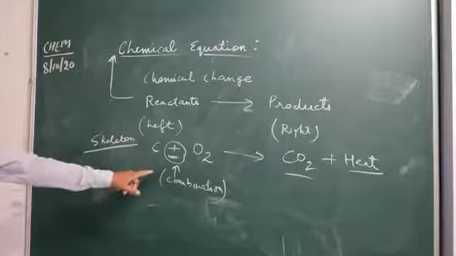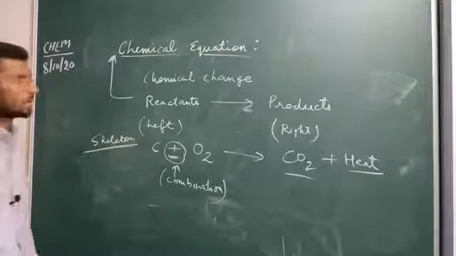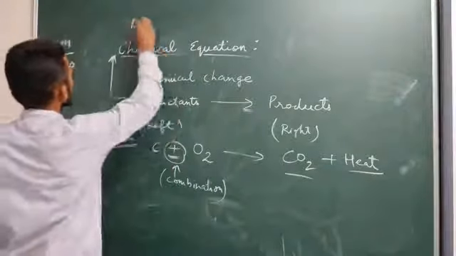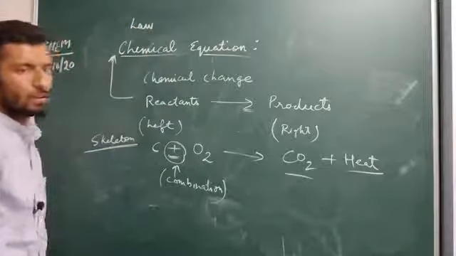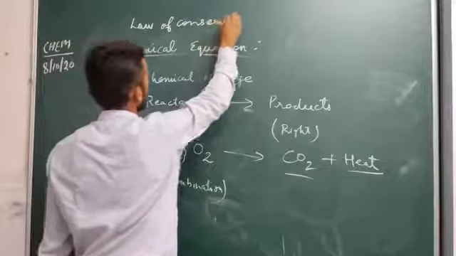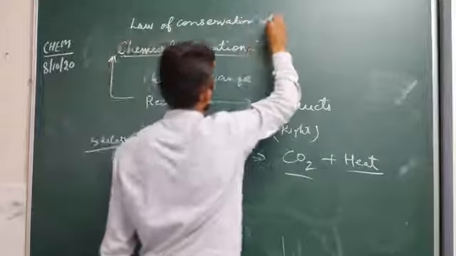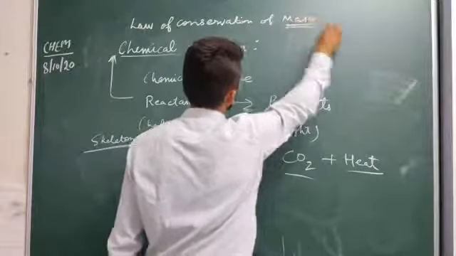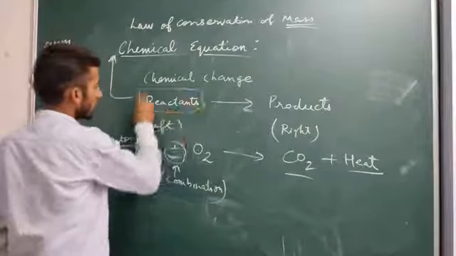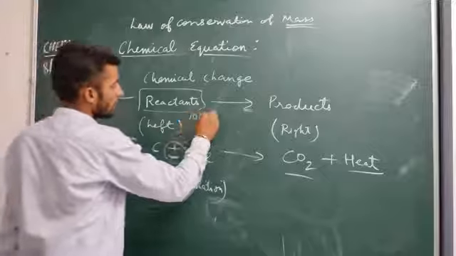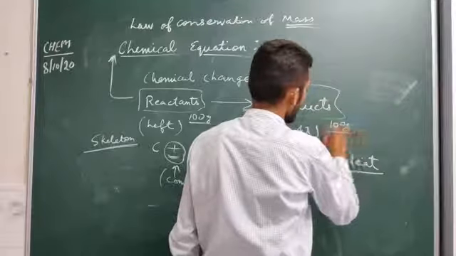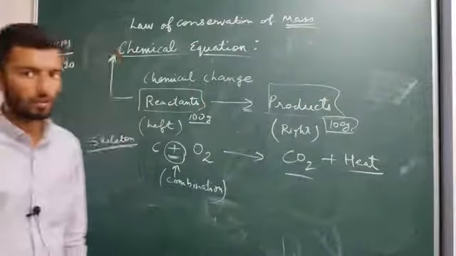Now after the chemical skeleton equation is written, you keep in mind that whenever any process occurs anywhere, matter is neither created nor destroyed. So the law of conservation of mass is always obeyed. It means if we start with reactants having weight equal to 100 gram, then on this side the products will also form of the same mass, that is 100 gram, the same weight they will have.